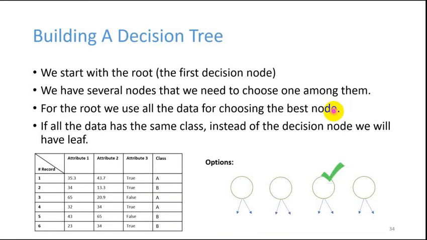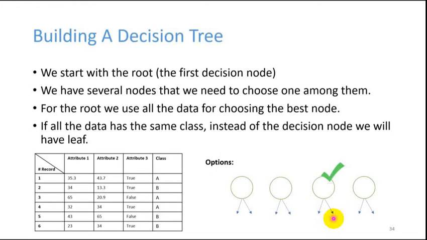For building a decision tree, we need to start with the root, and for choosing a decision node for the root, we need to first have several options for the decision node. These options are generated based on the learning algorithm that we want to follow.